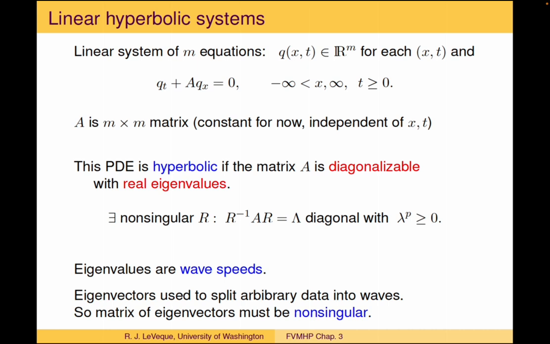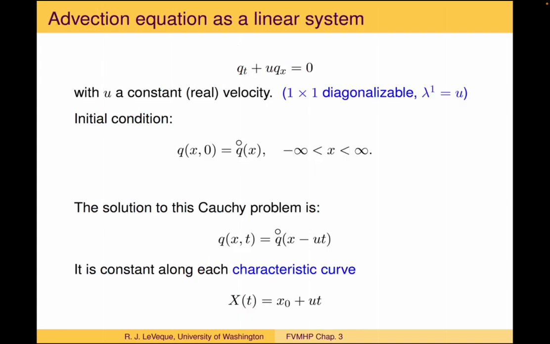And the eigenvectors, the columns of the matrix R, will also be very important because they tell us how to split arbitrary data up into a set of waves that propagate at different speeds, the eigenvector corresponding to each eigenvalue. And so we need this matrix of eigenvectors to be non-singular so that we can split up an arbitrary vector q as a linear combination of its eigenvectors.